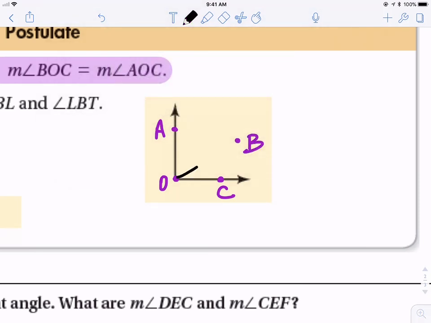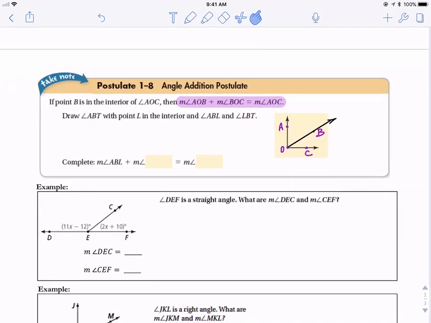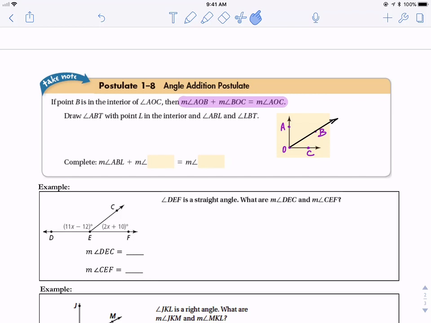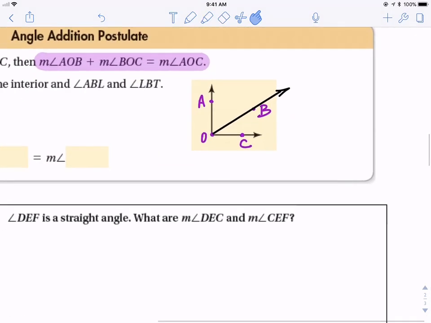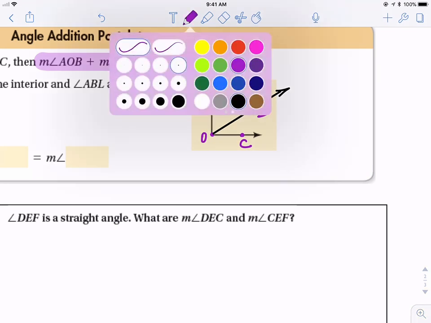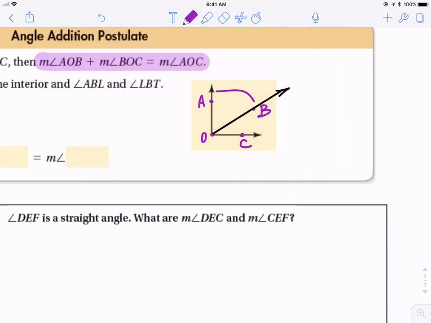So then we're going to draw a ray through point B to create two smaller angles. B is in the interior of angle AOC. Then the measure of angle AOB, which is this angle measure right here, plus, here, I'm going to write it this way.